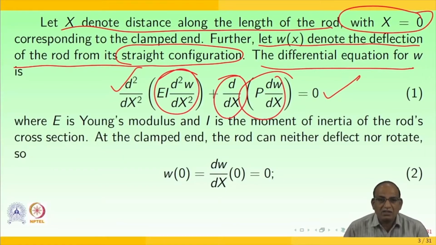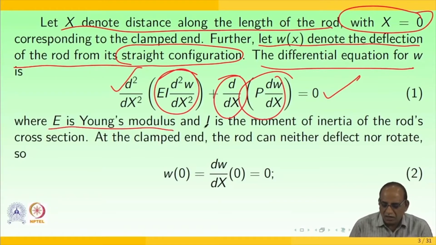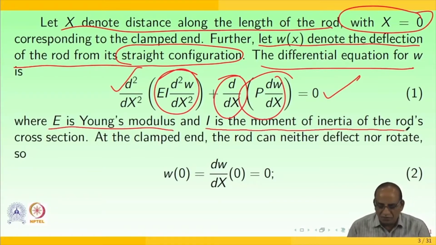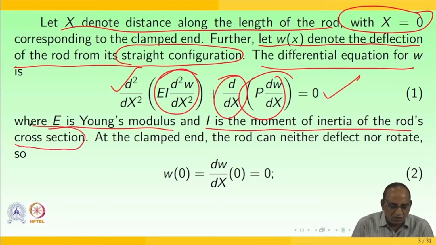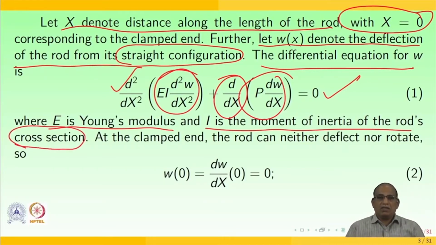Where E is Young's modulus, and I is the moment of inertia of the rod's cross section.